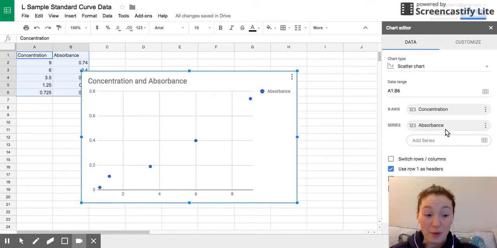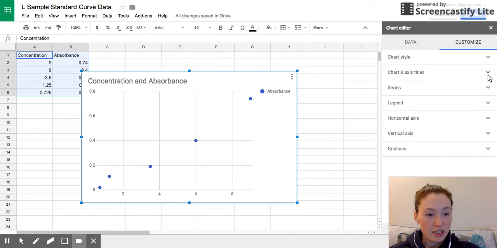If it is not that way, I can click these and edit, remove, etc., and choose the data that I want on a specific axis. So just note that you can add a second series if you want more than one line. We don't want that, but those options are here for you.